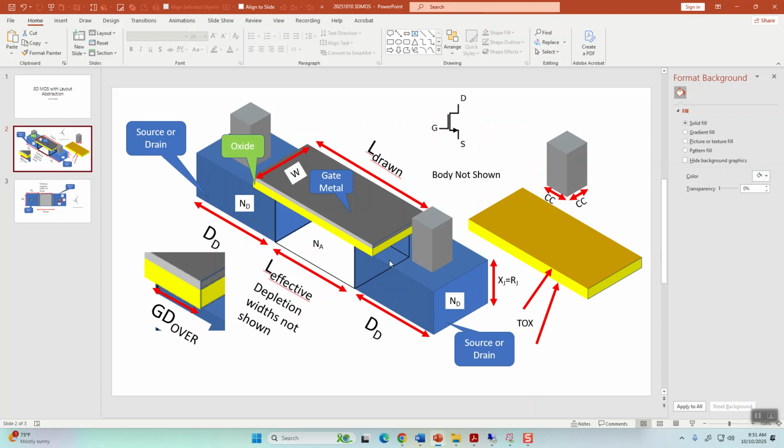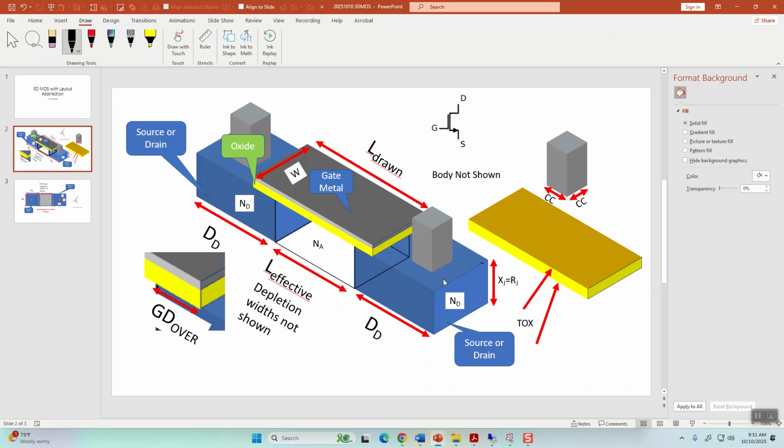So if this width is halved and this is halved, now the drain capacitance is coming down. Now, unfortunately, in modern devices, the depth of drain doesn't scale like that. So you really end up having to calculate it out to see what will truly happen.